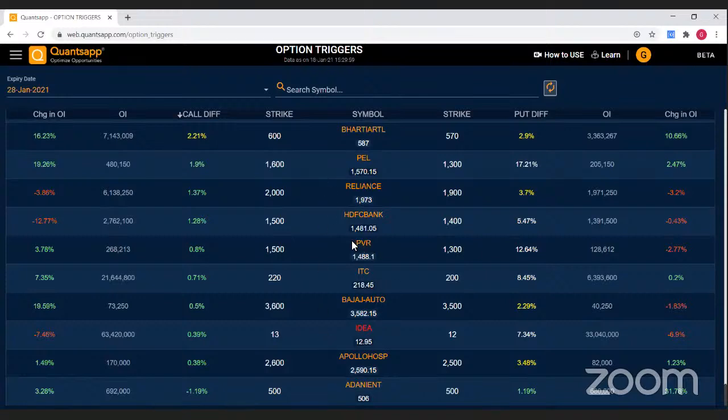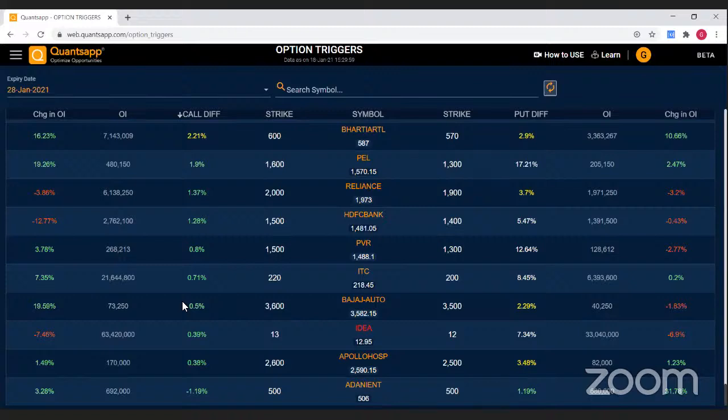These are all the stocks, if you are looking at this side, which are more towards their highest call OI. If you look at Bajaj Auto, the price today is around 3,580 and the highest call is at 3,600, quite close, not very far.